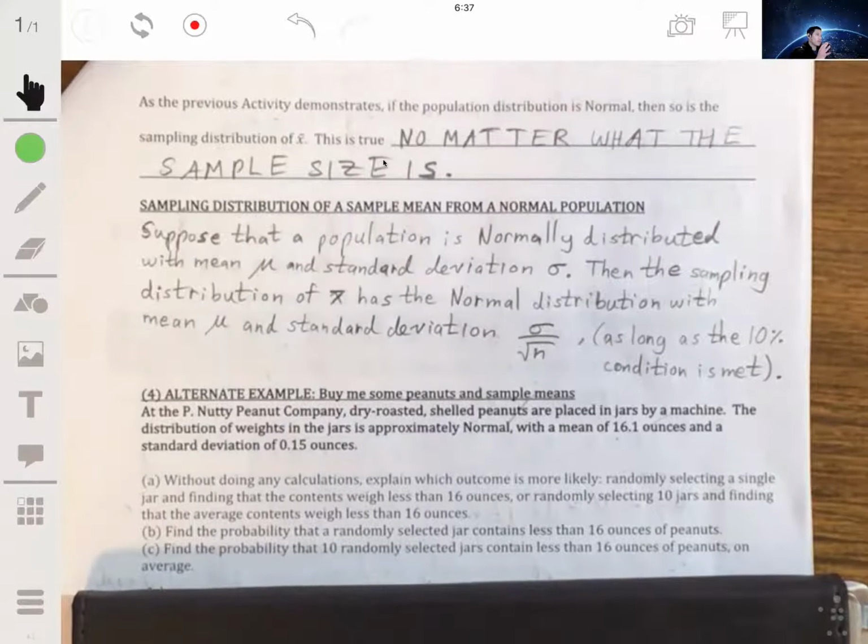Or that you could grab 10 random jars, add all their weights together, divide by 10, and see if it's less than 16? You have to use some intuition, your common sense of how the real world works.